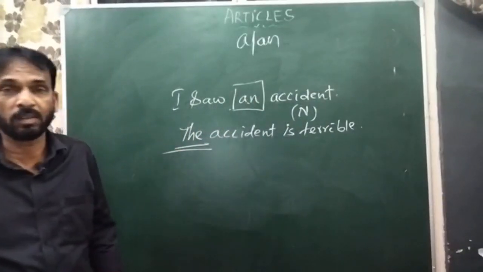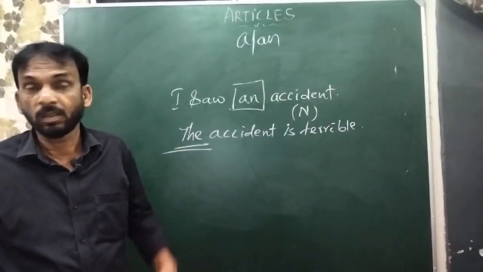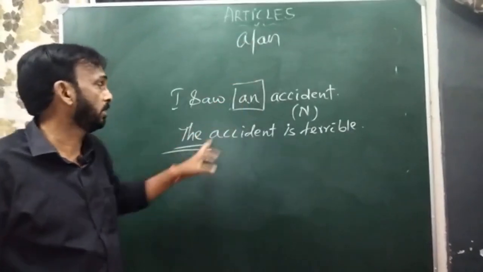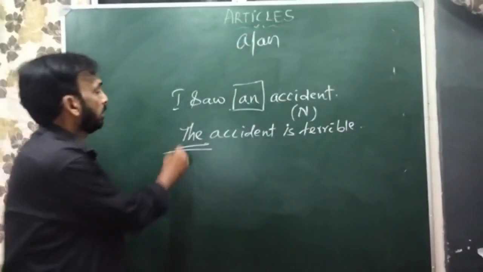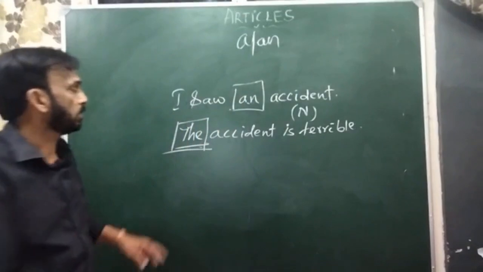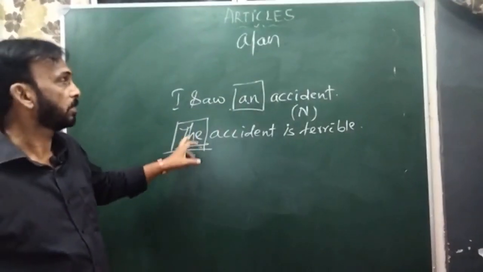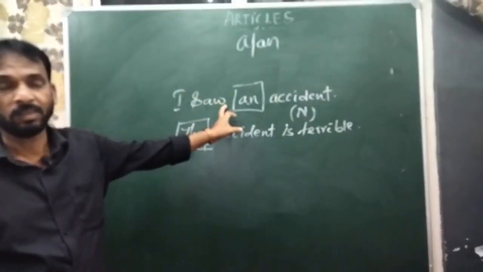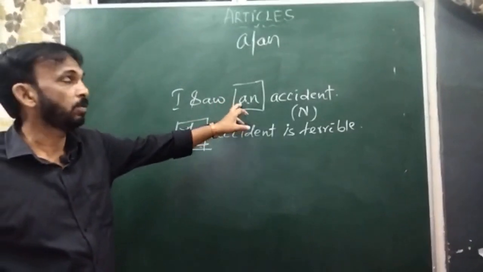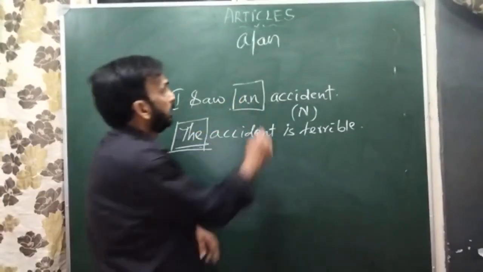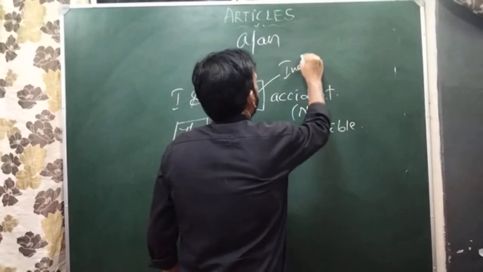This is the third article, the. So there are three articles, a, an, and the. So why have I written this one, the? Because in the first sentence I use an, indefinite article.